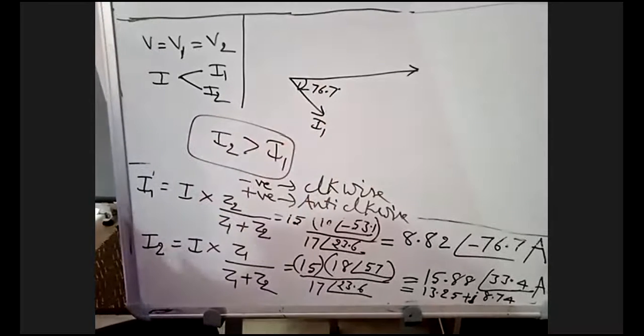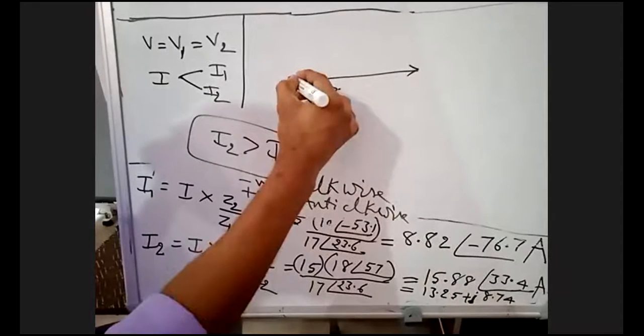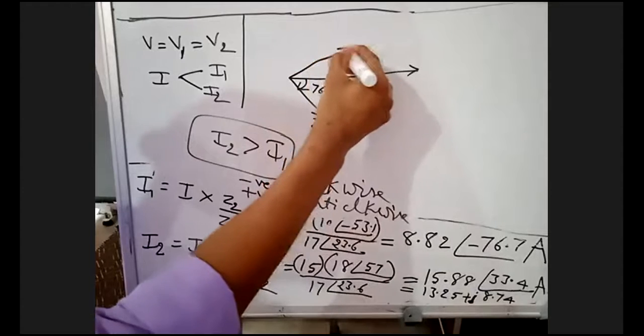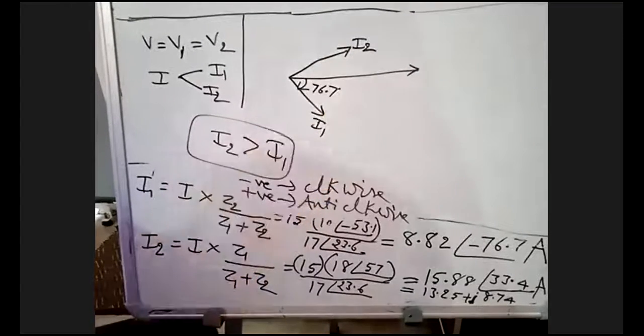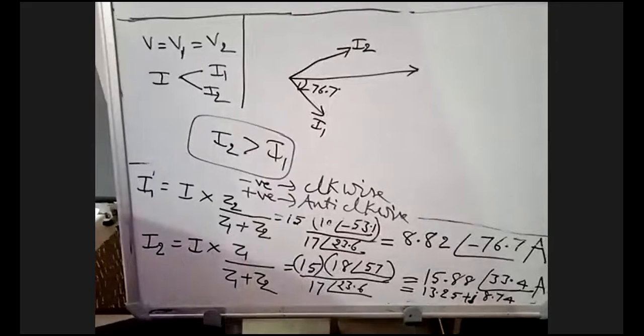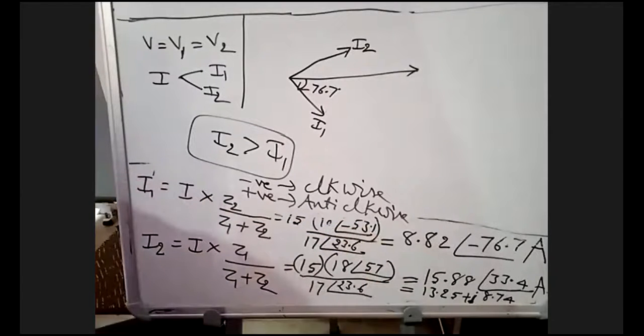I1 magnitude is 8. Now take I2, which is at 33.4. I am taking the I2 line bigger than I1, because the magnitude of I2 is greater than I1.